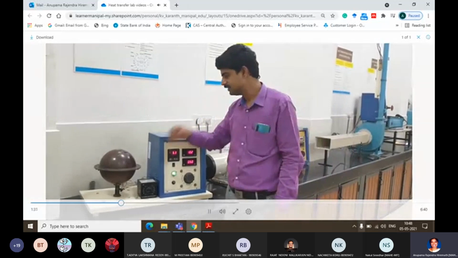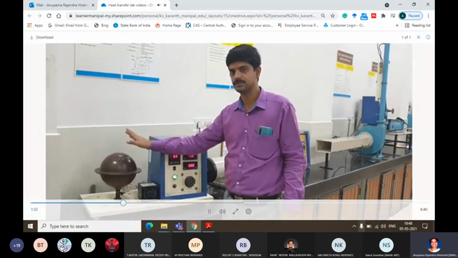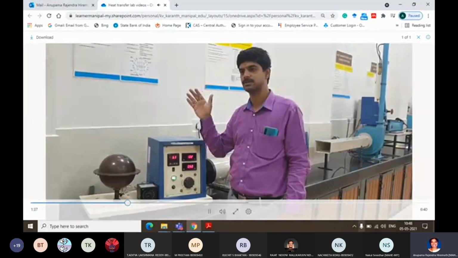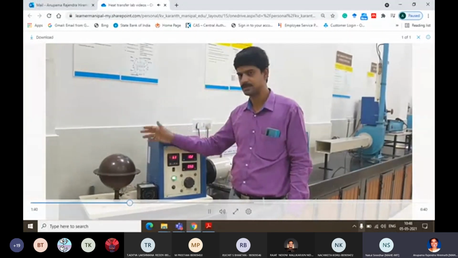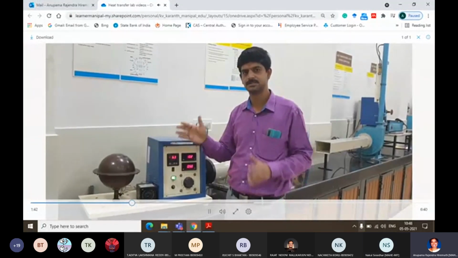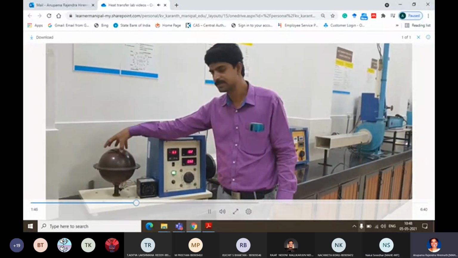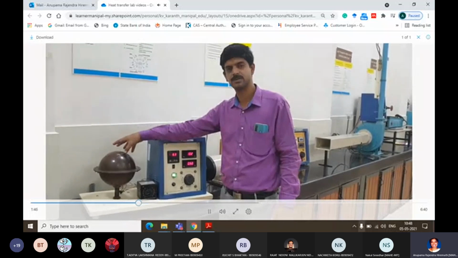What we try to do is determine the thermal conductivity of the insulating powder. The moment I say thermal conductivity, we are talking about conduction heat transfer. So I can take up the basic expression of Fourier's law of heat conduction and apply it to spherical coordinates.